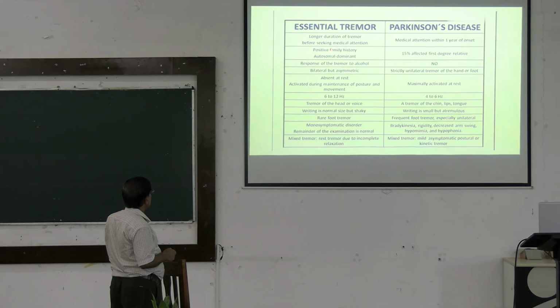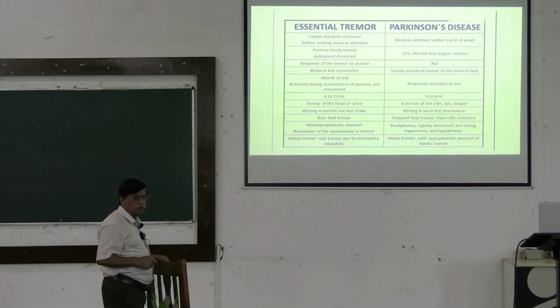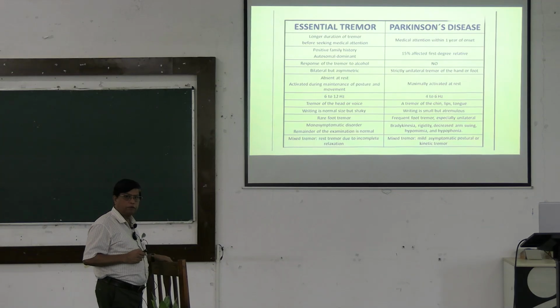You see, if you can read this properly. I don't know whether this is bilateral or asymmetric. Parkinson's disease is usually unilateral to start with. And the tremor of the head and voice: I have told you head and neck may be involved, but in Parkinson's disease head and neck involvement is very rare.